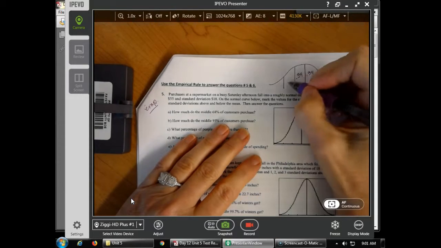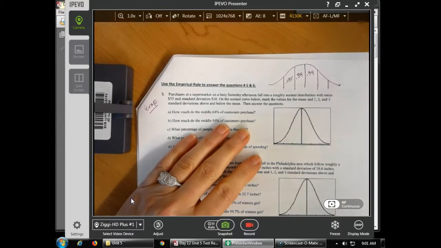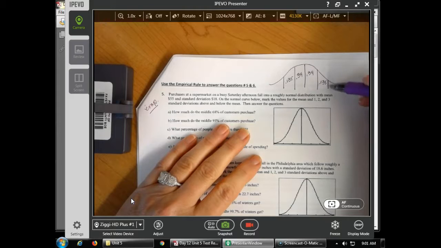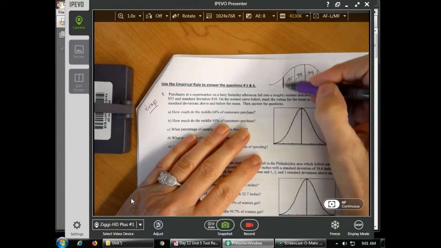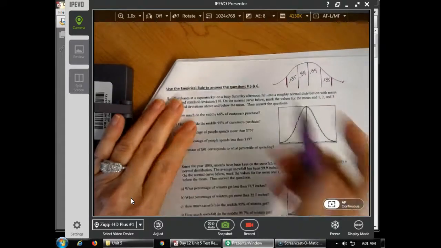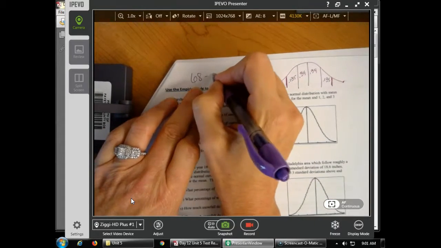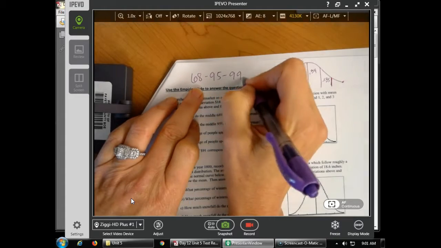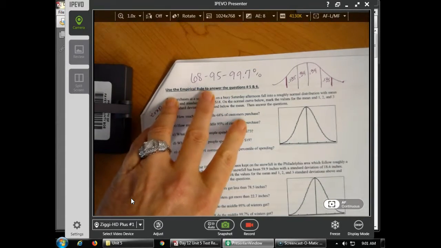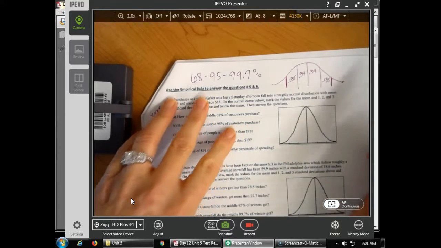Yeah, it will be 0.135 or 13.5%, because from 2 above to 2 below, you should contain 95% of the data. So the rule is called 68, 95, 99.7%, or the empirical rule. Those are the ones you need to memorize, as well as these little slices here.